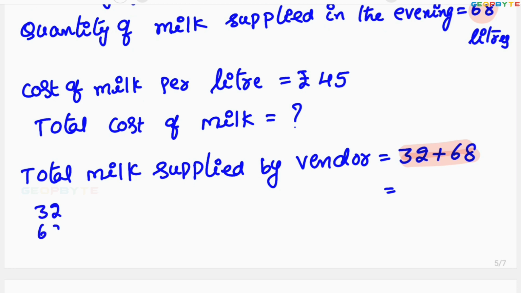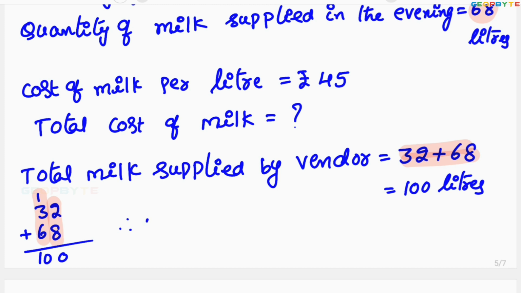Let us add these two. 2 plus 8, 10. 0, 1. 1 plus 3 plus 6 is 10. So 100 liters.